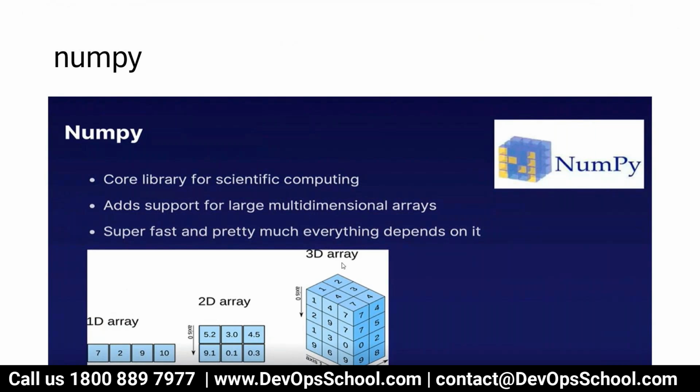It adds support for large multidimensional arrays. Basically it works with arrays, is super fast, and pretty much everything depends on it. Anything like a 1D array, 2D array, or 3D array, it will help you visualize the data. That's one of the advantages we'll use in a demo shortly.